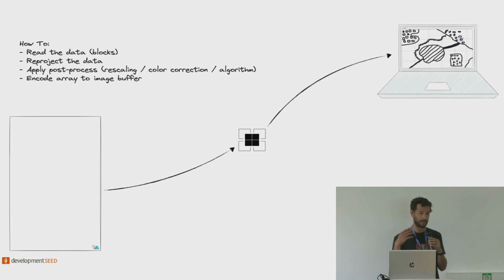It can also apply post-processing, so color rescaling and color correction, and a bunch of algorithms that the user wants. And then encode the array of data that it has as an image. And so it's pretty simple. Proxy, read the data, create the map tiles on demand.